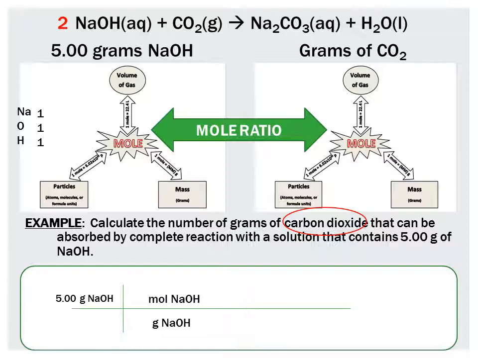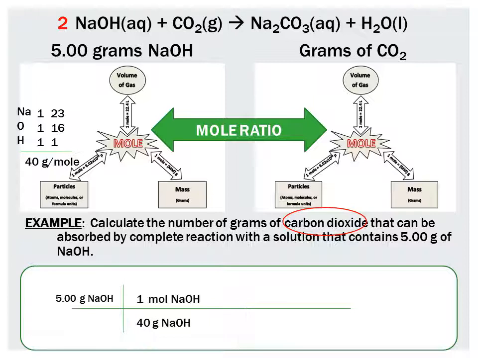Now filling in the molar masses, sodium is approximately 23, oxygen approximately 16, and hydrogen approximately 1. If I add that all up, I end up with a molar mass of 40 grams per mole. So 40 goes with grams here, and that's per 1 mole.